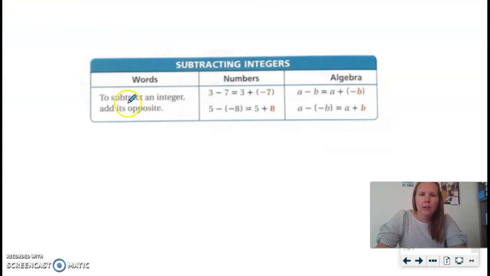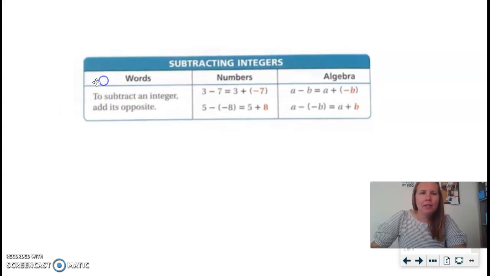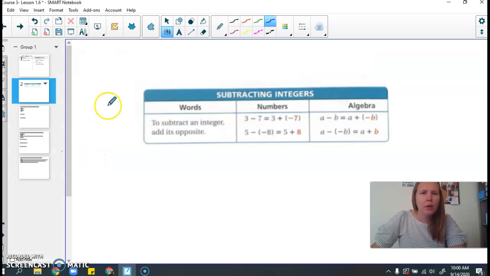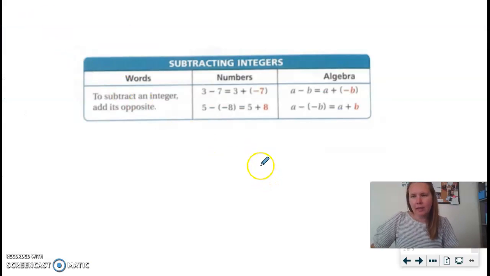So they give the example of 3 minus 7. Well, instead of saying 3 minus 7, we keep, change, and then change this one, okay? So adding its opposite. Remember, its opposite is going to be that value.